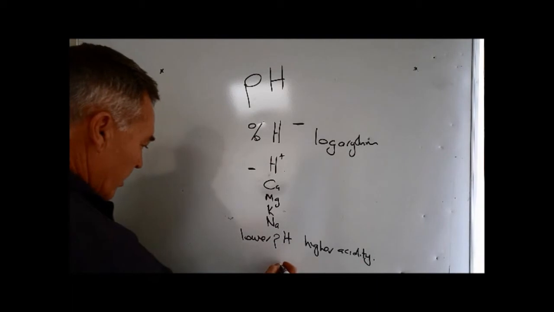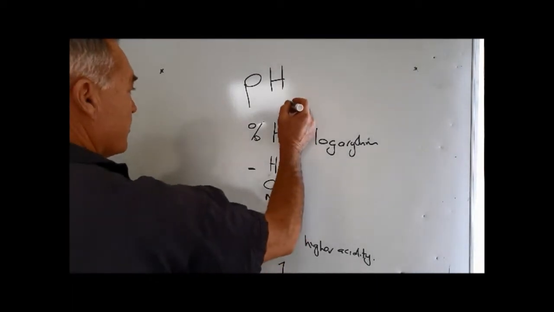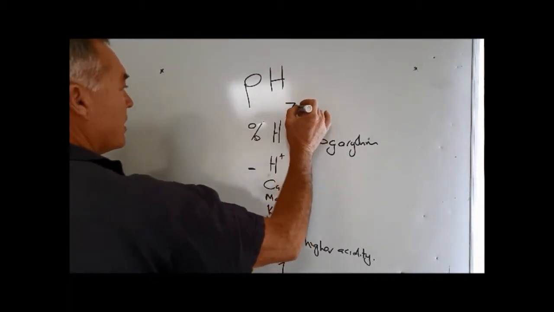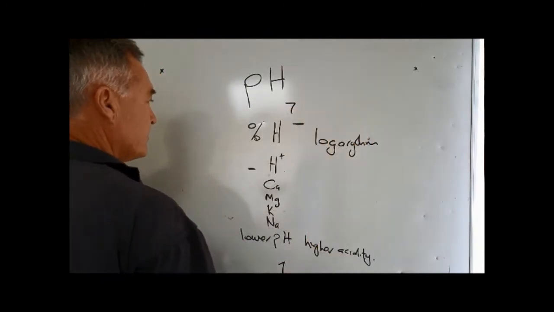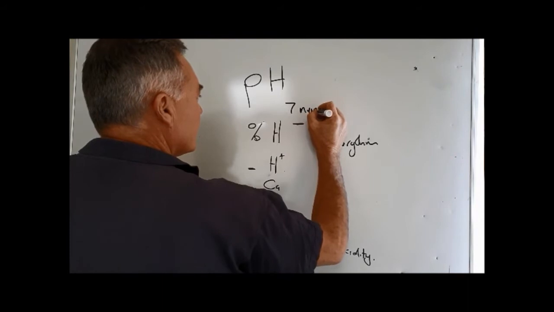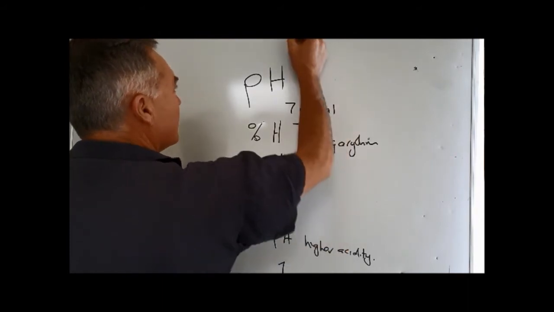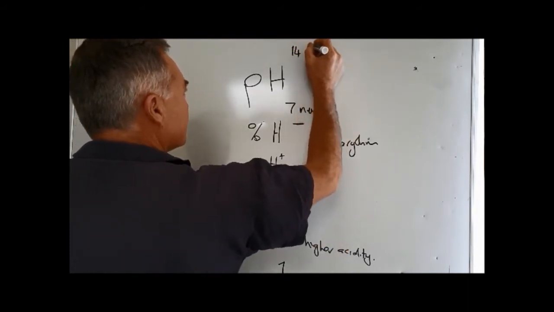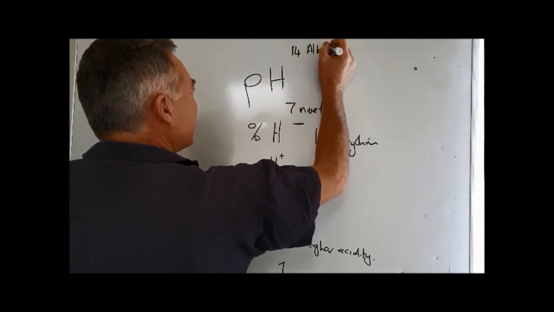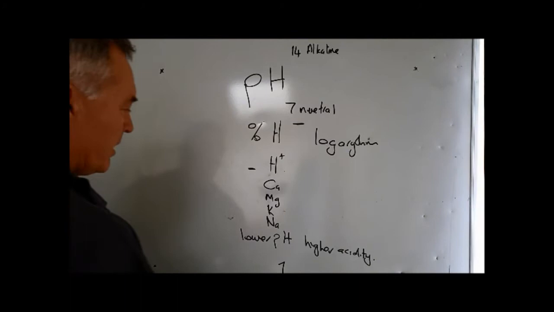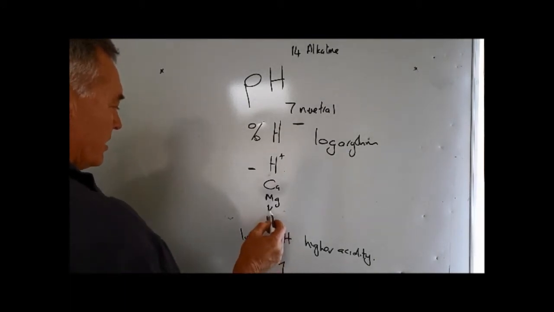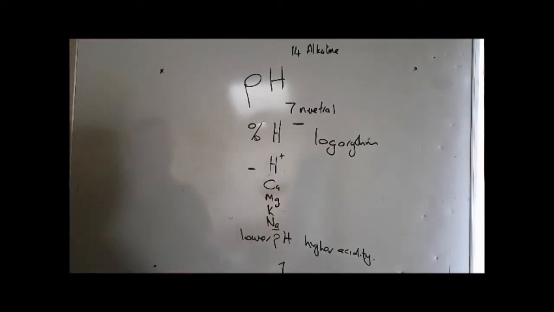And we start at a scale of 1 and we go to 7 being neutral, and then you go to an alkaline of up to 14. So what's happening in the soil is you will change the pH by changing the cations.